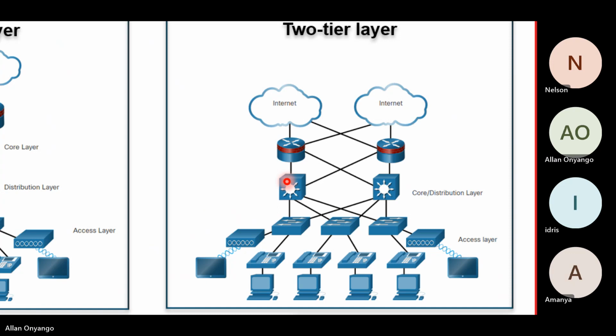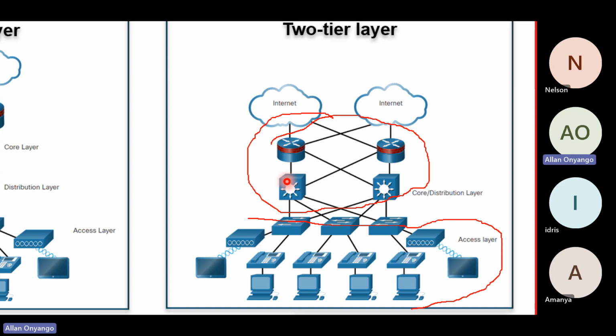And so what they do is that they combine the core and the distribution layer, and they only buy one set of devices to service those two layers. Okay. So they combine the core and distribution layer, but the access layer remains the access layer. So that is two-tier, only two layers. The collapsed core and distribution layer, and then the access layer only.